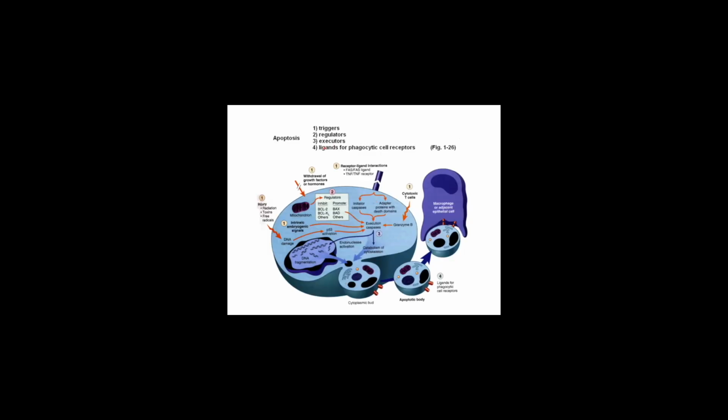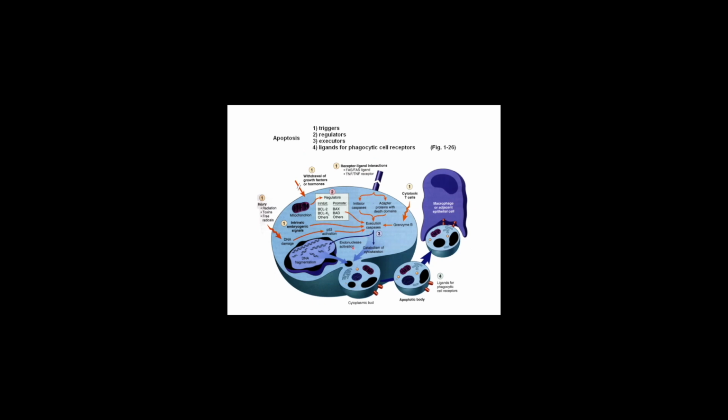Here's the mechanism. So here's the radiation causing the injury. In this example, it's causing DNA damage, but you can also have membrane activation of TNF and its receptor, which is also induced by radiation. These each induce different effects, but all lead to the execution caspases. The caspases then cause breakdown of the cytoskeleton.